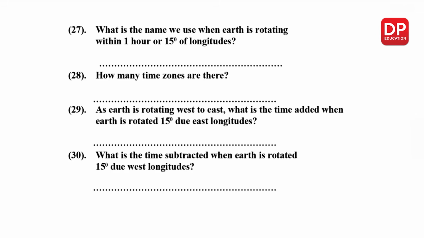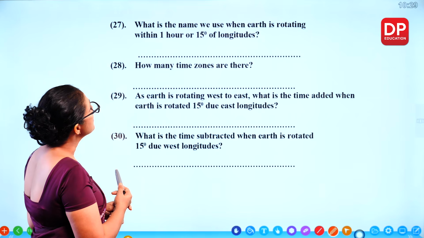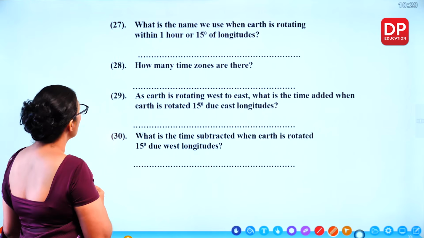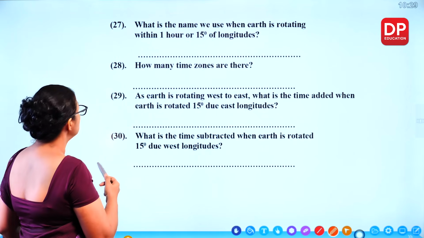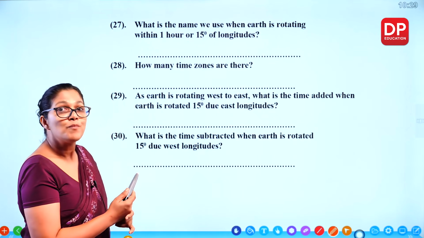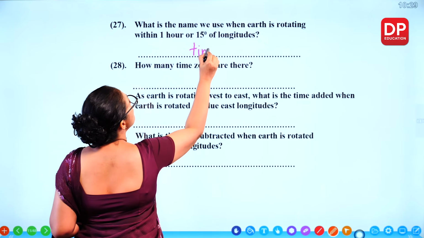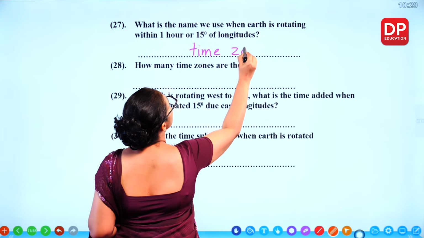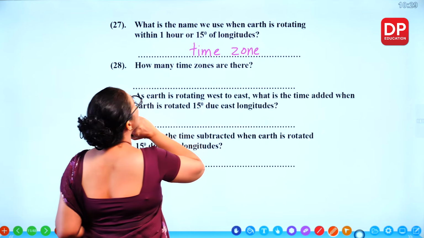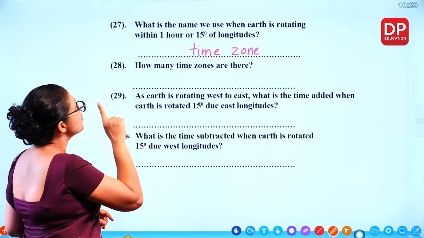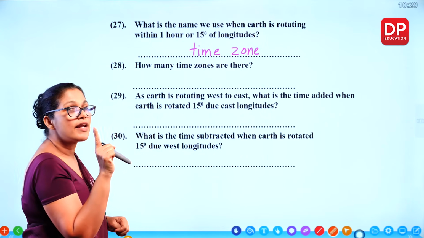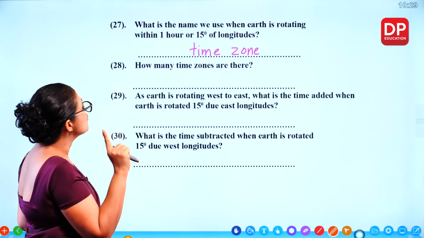What is the name we use when Earth is rotating within 1 hour or 15 degrees of longitude? We call that a time zone. So a 1 hour rotation of 15 degrees of longitude is called a time zone.